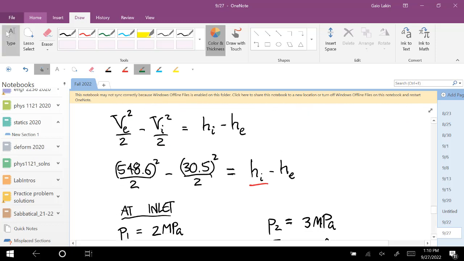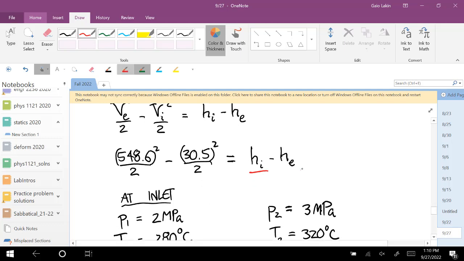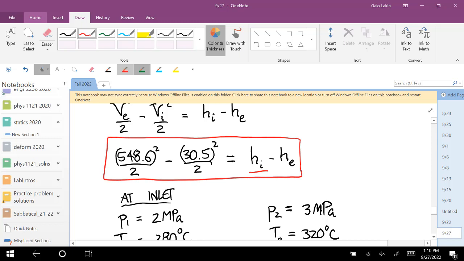Okay, so now we're going to go back to this equation. We sort of set this aside, but now we've calculated H at the inlet, and we can use that to calculate H at the exit.